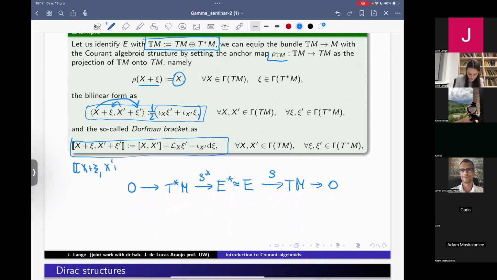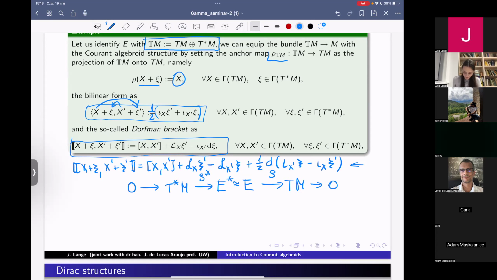So if we are given two elements in our generalized tangent bundle, they alternatively define it as this. Okay, so this bracket is antisymmetric.